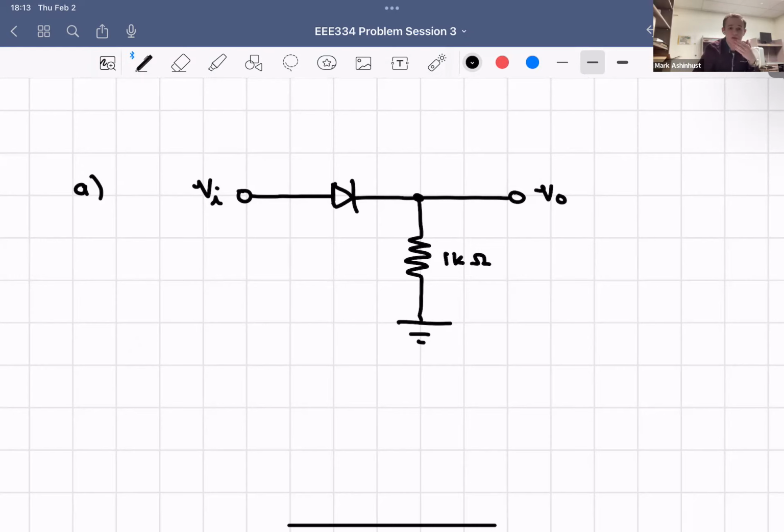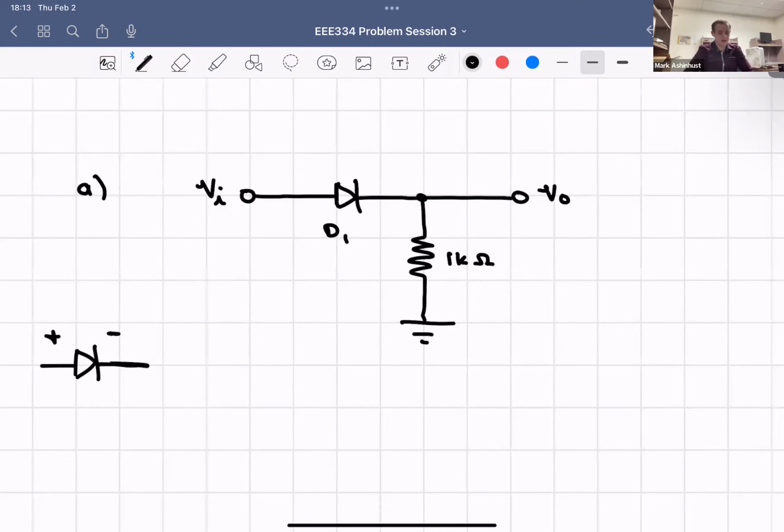One thing I want to add in here: I'll name this D1. Let's make sure we know how to label our diodes. We have a diode here, and then the wire coming out. This is going to be our anode on the positive end, and our cathode on the negative end.